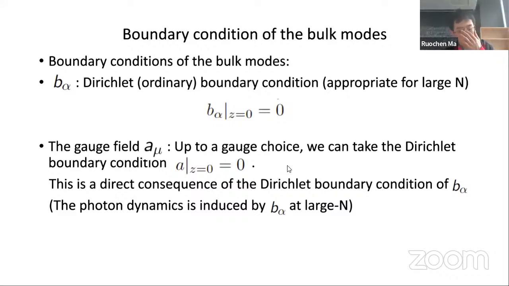Remember that in the large-N theory of a CPn-1 model in dimensions less than 4, the photon dynamics is induced by the B bosons. So if we consider a Dirichlet boundary condition of the boson field, then a direct consequence is that the gauge field also has a Dirichlet boundary condition up to a gauge choice.